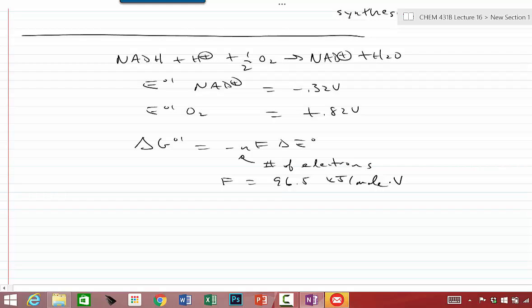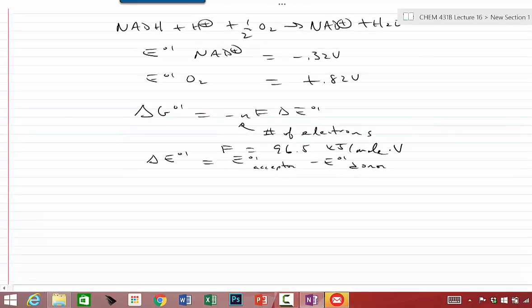And the change in the standard reduction potential is going to be the standard reduction potential of the acceptor minus the standard reduction potential of the donor. So as long as you know those, you'll be able to calculate the change in standard free energy.